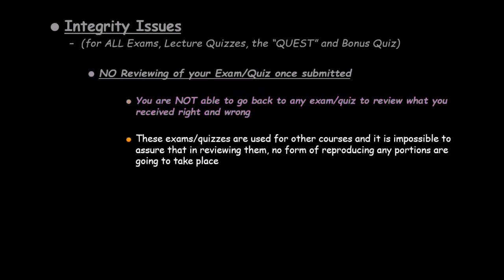I need to make sure, because these are the same exams and quizzes that I'm doing for future courses. I've had many times in the past where a student failed or withdrew from my course, and now they're taking the course again with me. I don't want it where they took pictures of all these exams and now they have all the questions. That's not fair to everybody else.